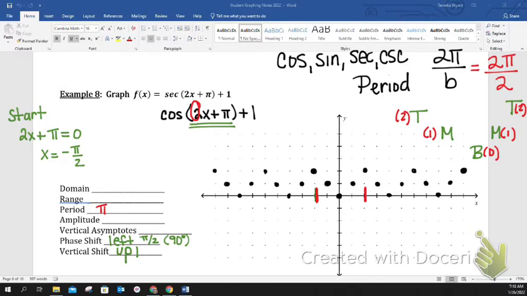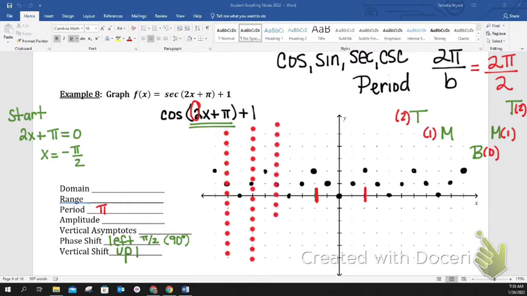Okay, so let's draw in our asymptotes. Our asymptotes are going to occur at the midline, which is 1. Every time you have a point at 1, because that's my k value, I want you to draw in an asymptote. So let's draw an asymptote at every place where you have a point at 1. There will be a lot more because our period is only pi.